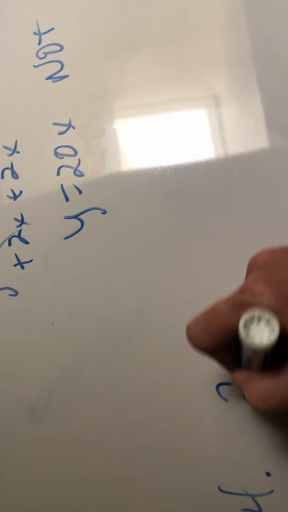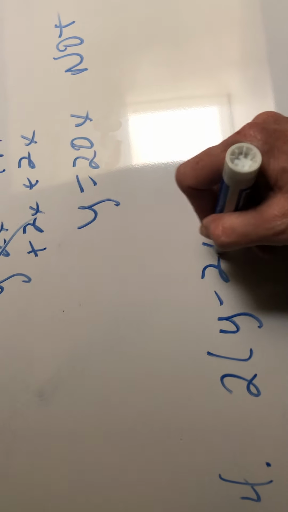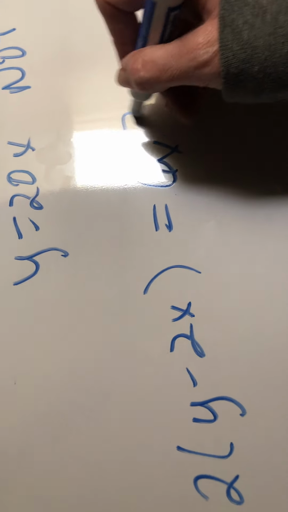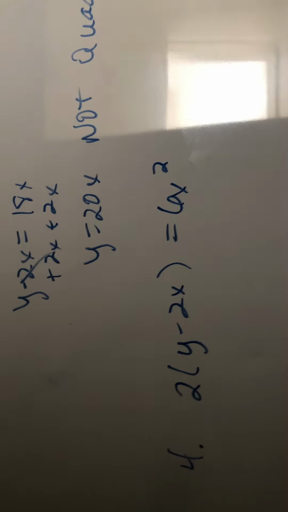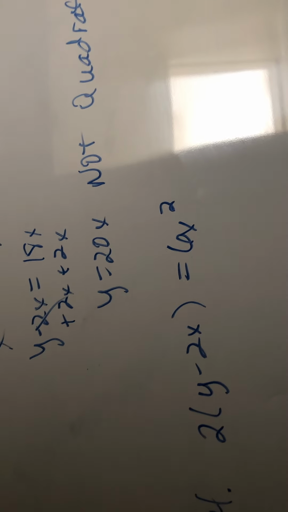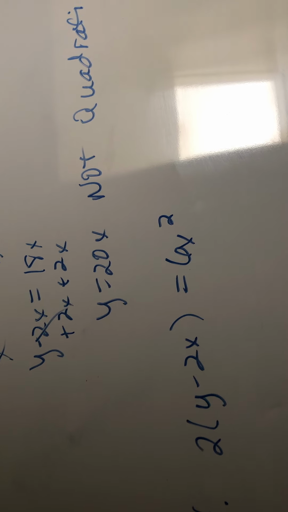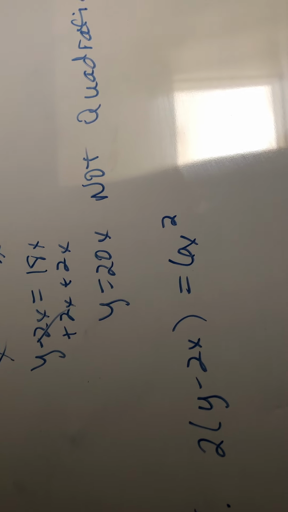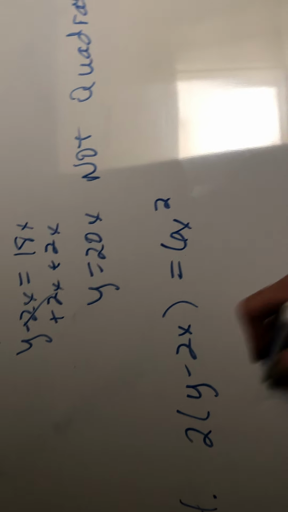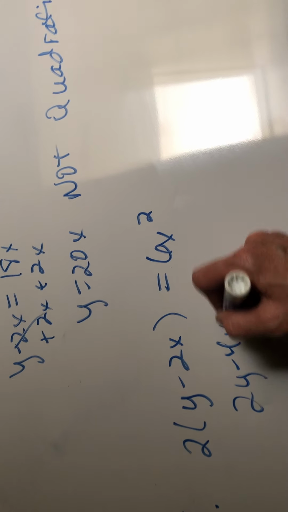And then number 4 is also the same. So it's 2 and then y minus 2x equals 6x squared. So we can go ahead and distribute that 2 or divide by the 2. Let's distribute the 2 just to see what would happen.